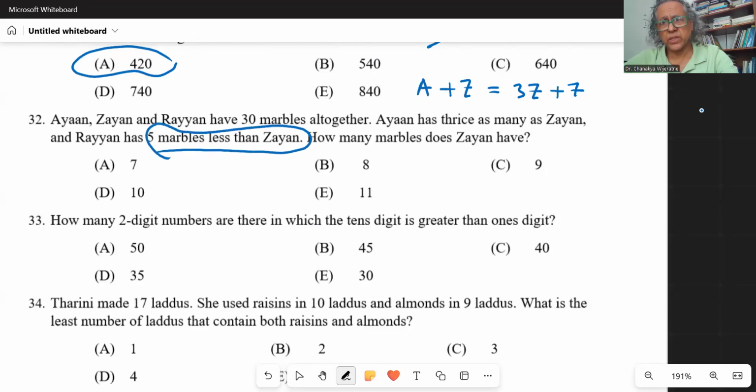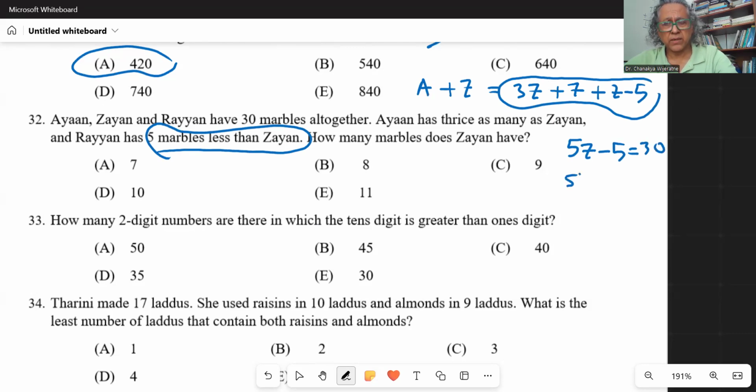So that is, of course, Z minus 5. And if you add them up, what do you get? So we have 5Z minus 5, and that's the total number of marbles, which is 30.